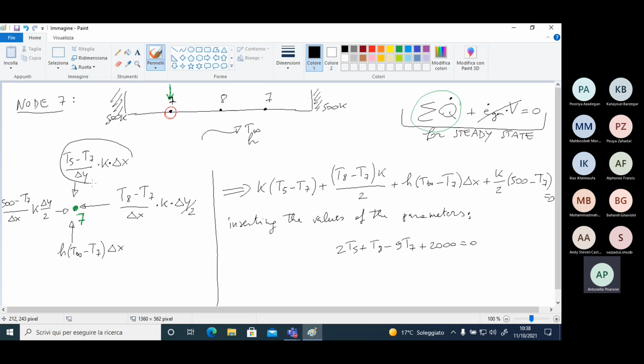So this one is nothing else the Fourier law, considering the distance among the node 5 and the node 7, that is delta y, and delta x is the area related to my node 7. This one is a sort of area in the direction normal to the heat flux, and delta y is the distance between the node 5 and the node 7. This is the Fourier law.